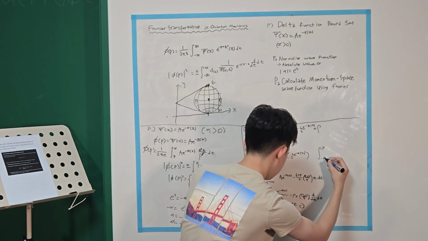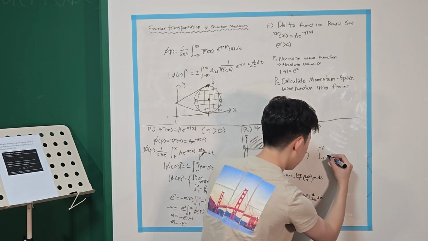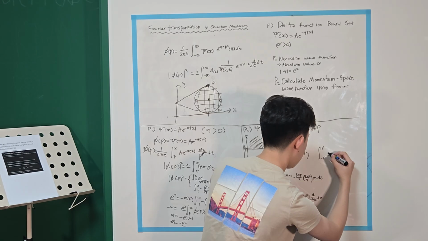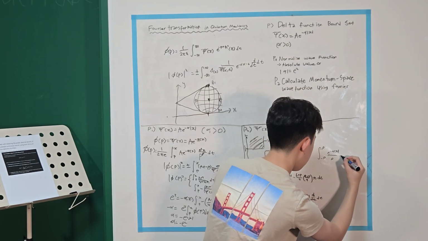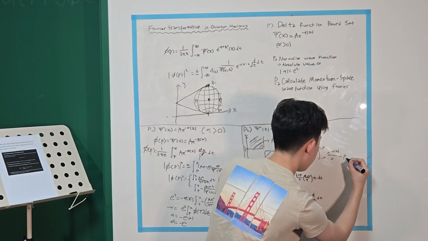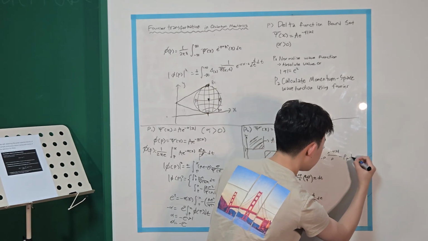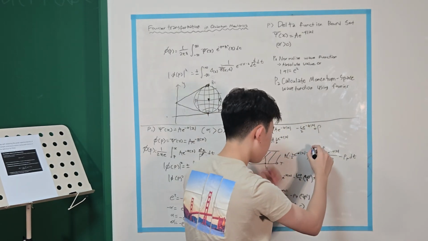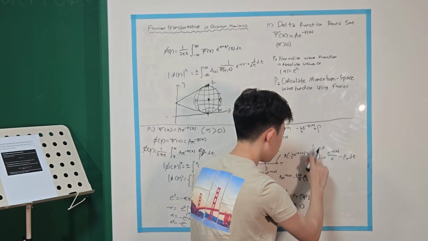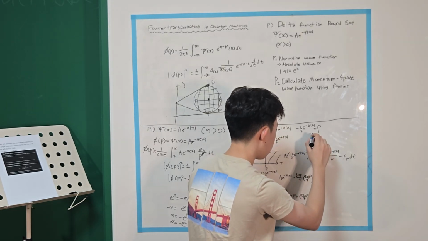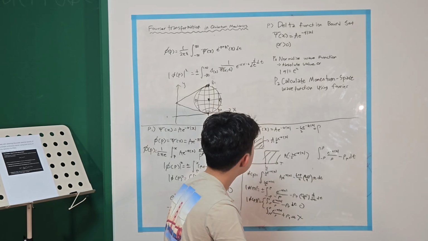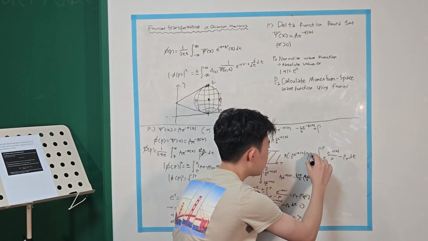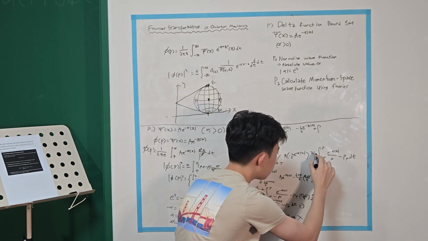Minus rho p dt. This one is the wave function.